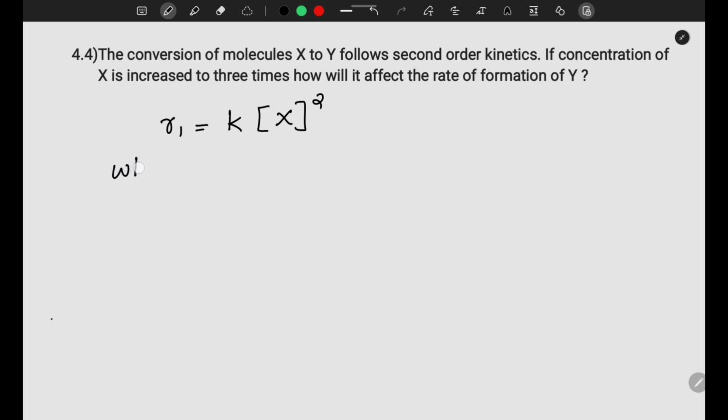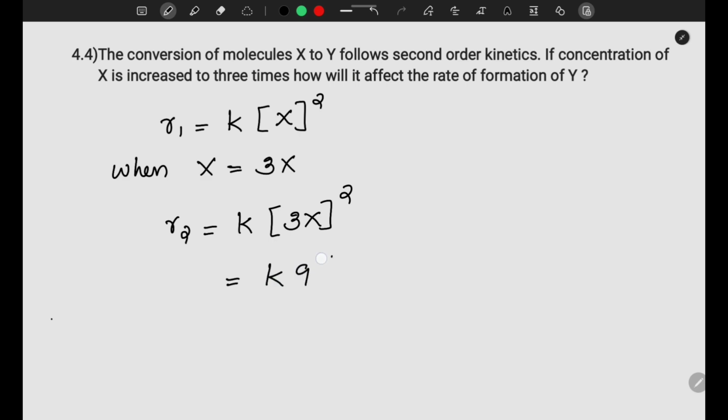Now when X is increased to 3X, the rate becomes R2 is equal to K into concentration of X becomes 3X, so 3X raised to 2. So K into 9 into concentration of X square, that is we can write 9K into concentration of X square.